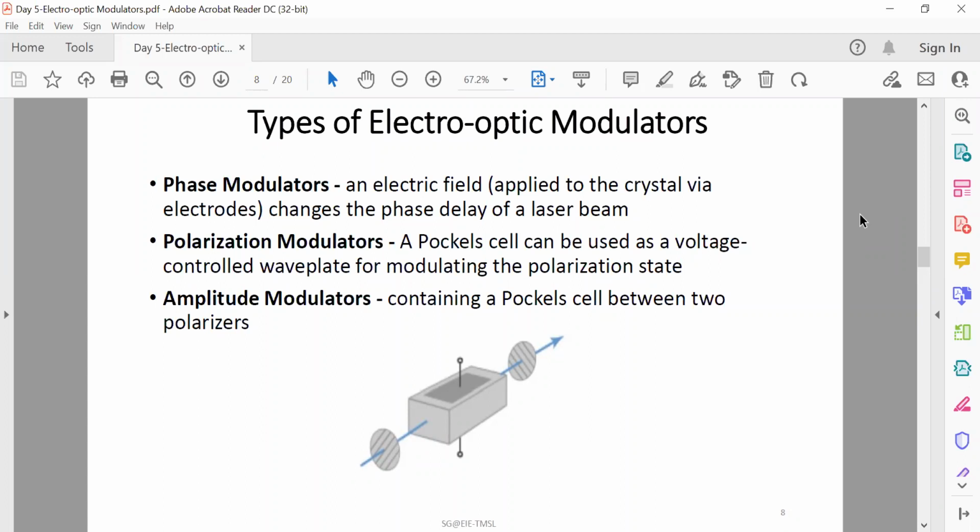The polarization of the input beam often has to align with the optical axis of that crystal, so that the polarization state is not changed.